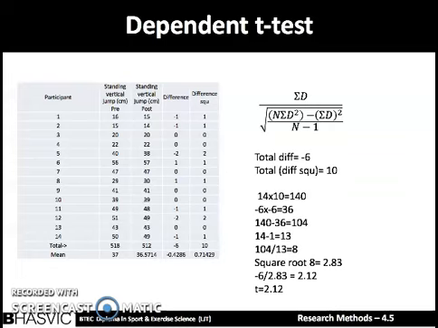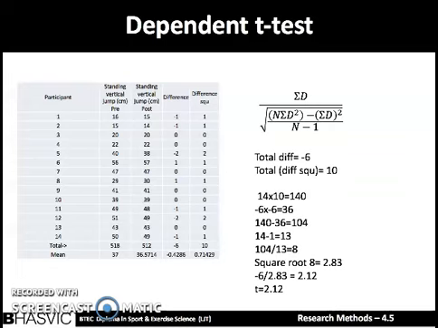You then do the other half of that top bit of the lower half, I suppose. So the sum of d, squared, which is -6 multiplied by -6, obviously, because it's -6 squared, because the total difference was -6, and that results in 36.